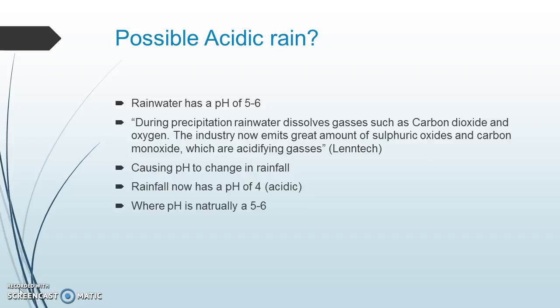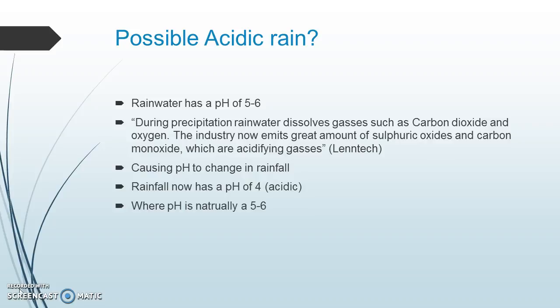When it rains, it naturally has a pH, which is a scale to measure the acidity or basicity of a solution, of anywhere from 5 to 6 on the pH scale, which is neutral. During the precipitation, rainwater dissolves gases such as carbon dioxide and oxygen.